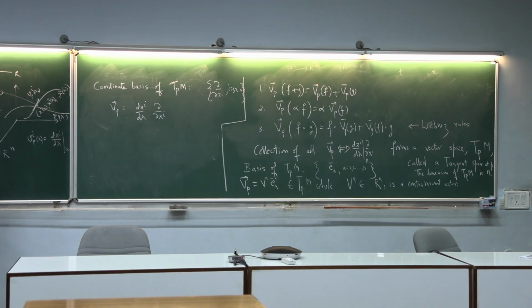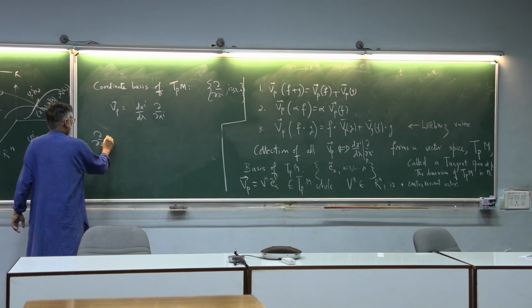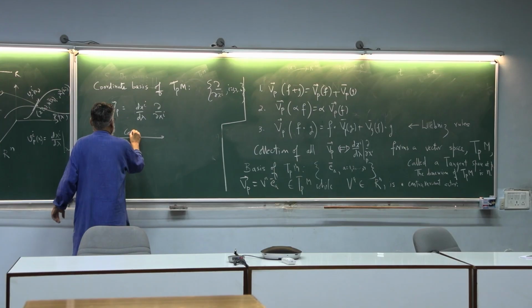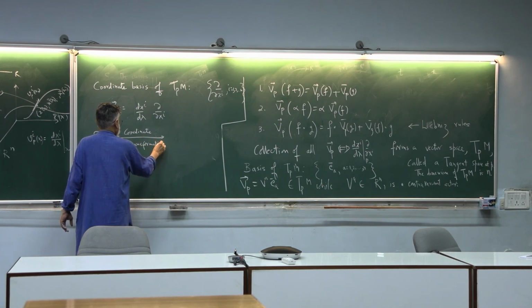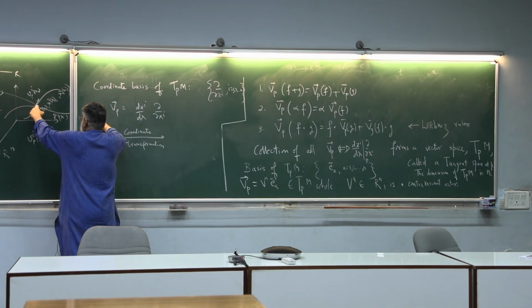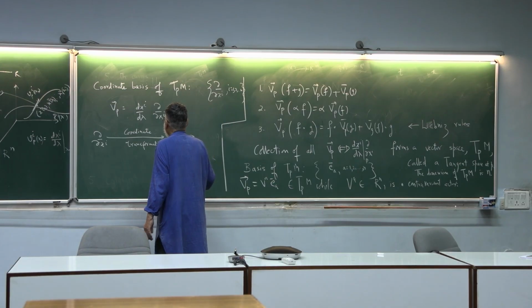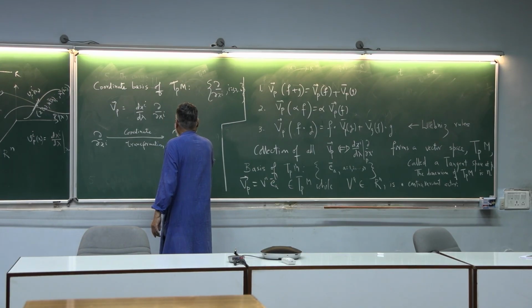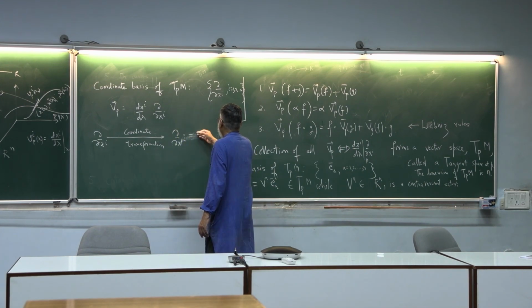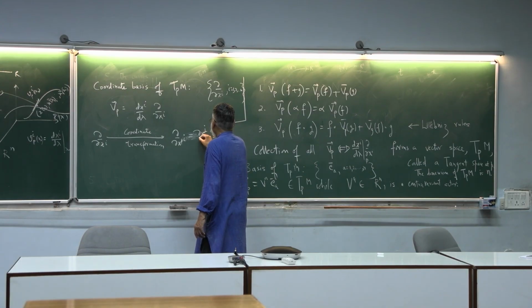That we know from our differential calculus: when the coordinates change, del by del x^i in a different coordinate mapping, if the same point is now mapped to x prime 1, x prime 2, earlier it was x1, x2, then we know that del by del x prime i, by the chain rule of partial derivatives, goes to del x^j by del x prime i times del by del x^j. A new dummy index j is being summed over.